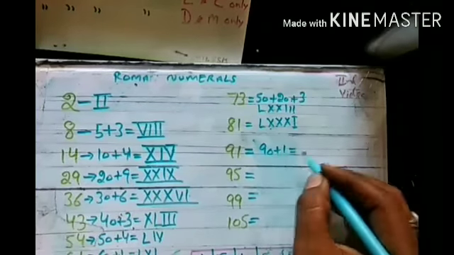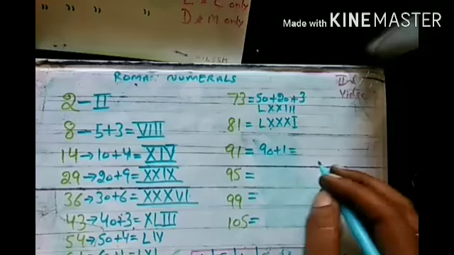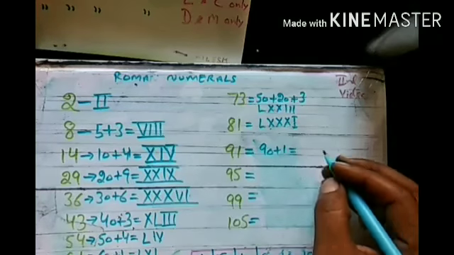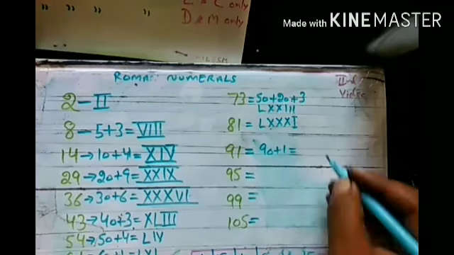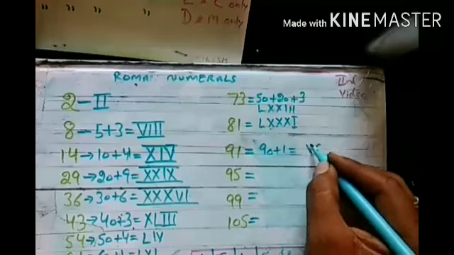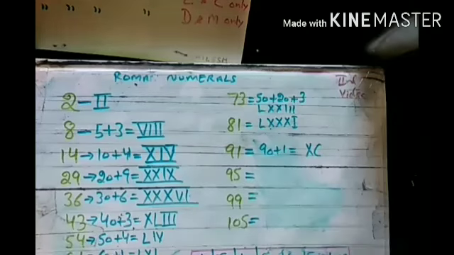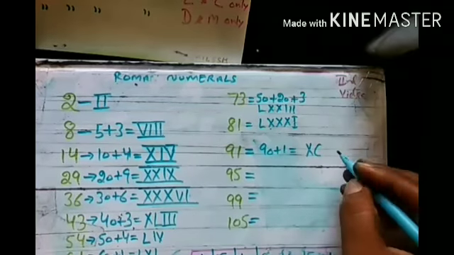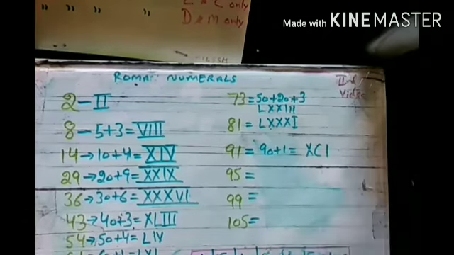So what is 90? 90 is 100 minus 10. So what is the symbol for 100? That is C. And I will subtract by writing X on the left hand side of C and add 1. So this is the symbol for 91.